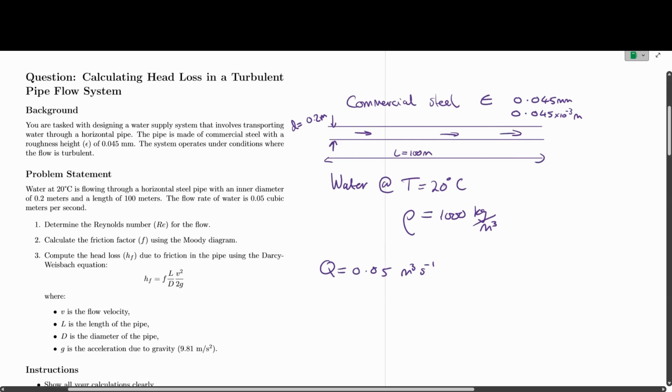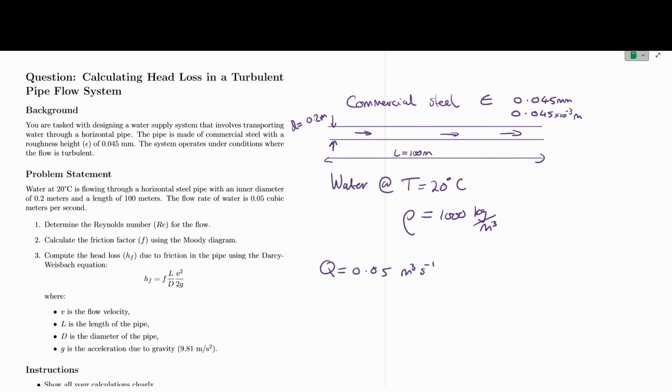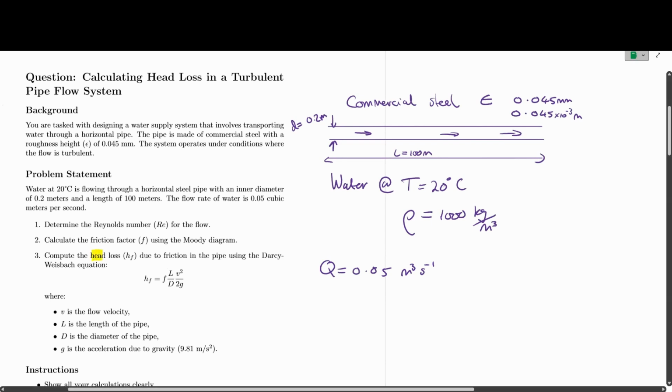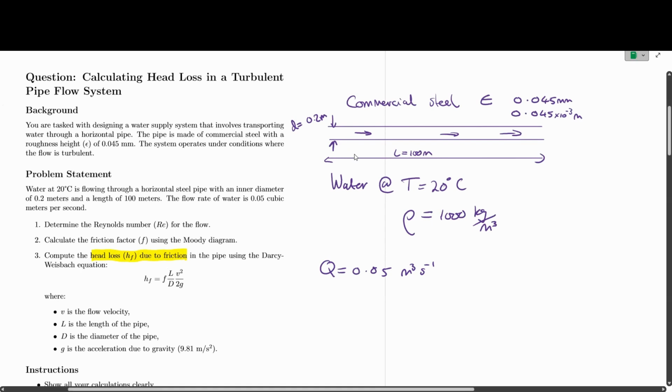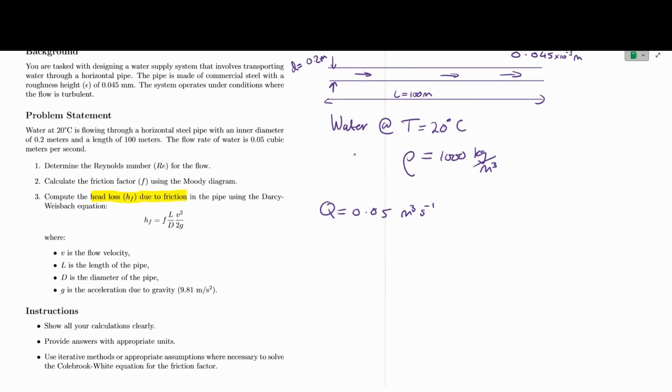The thing that we need to find is head loss due to friction, and that'll be the final thing that we end up calculating. To get head loss due to friction, we're going to use the Darcy-Weisbach equation.